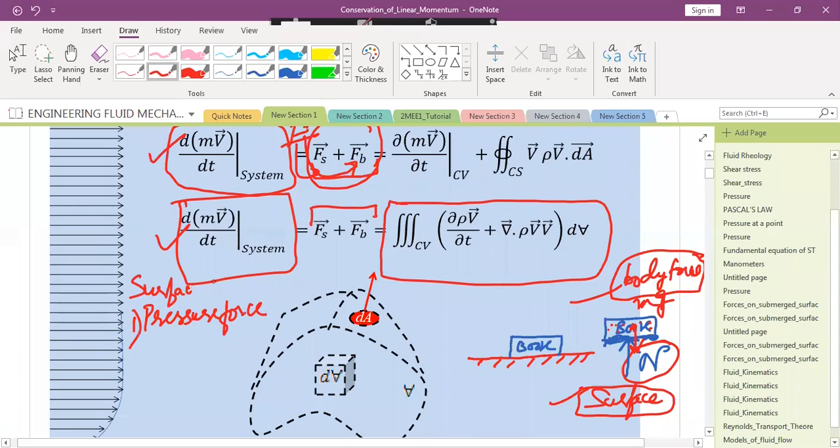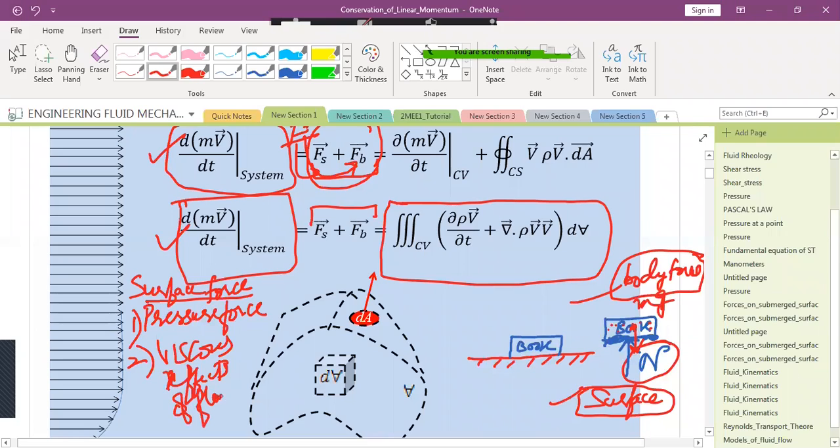What is buoyant force? Buoyant force is pressure force only. So we have already accounted for pressure force. I am writing down pressure force because pressure force is much more appropriate to use. Viscous effects of fluid. So do you have any other surface forces here?